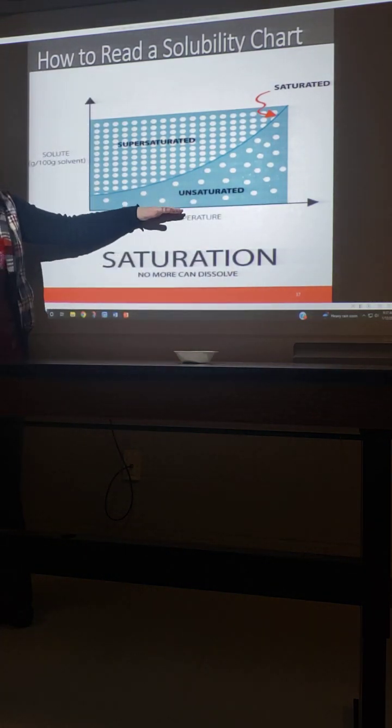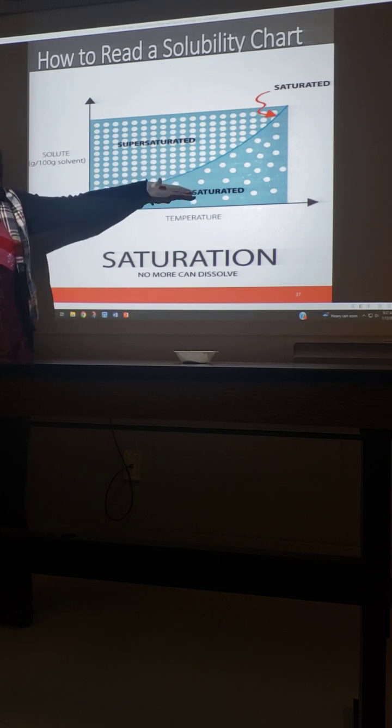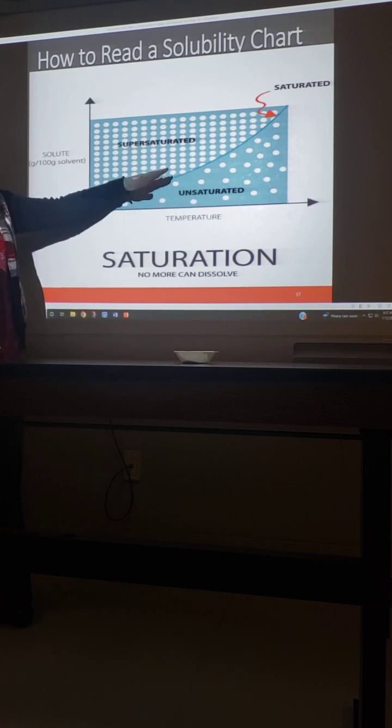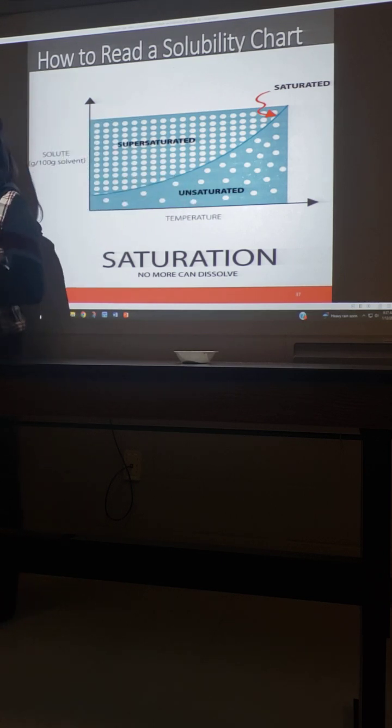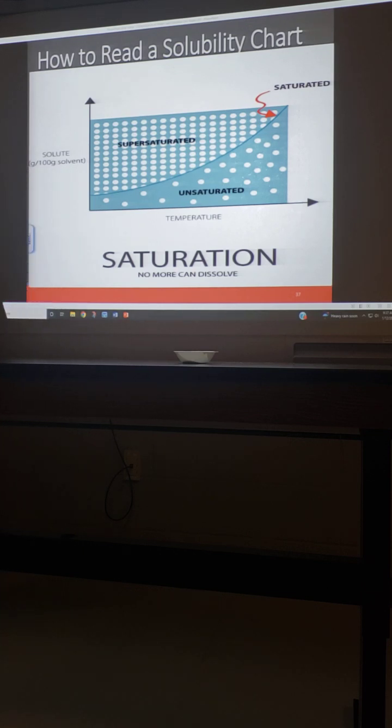So unsaturated visually shows you, yes, I can fit more. Supersaturated, anything above the line, looks really packed, doesn't it? It doesn't look like I could fit a whole lot more in there. It is already holding more than what you would expect it should be able to hold. Okay, is that the last one?